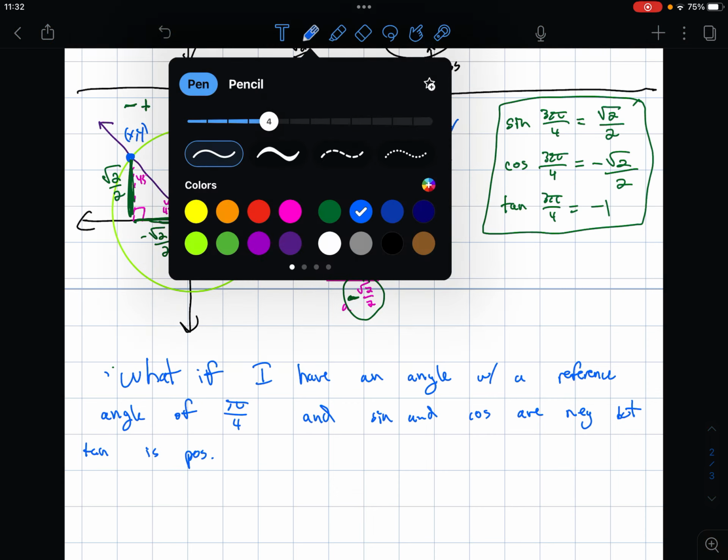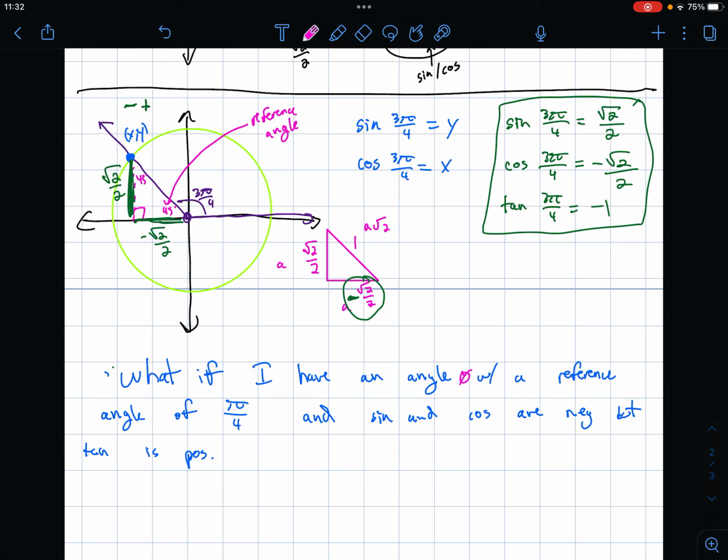I'm talking about some angle theta: cosine theta and sine theta are negative, and tan of theta is positive, because technically we're talking about functions on an angle. And so what we'd have to realize is sine and cosine are negative. This is almost like saying x and y are negative, but y over x is positive, which makes sense.